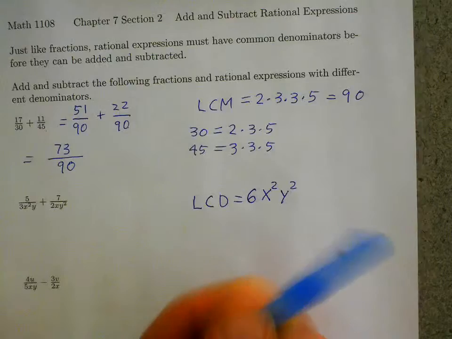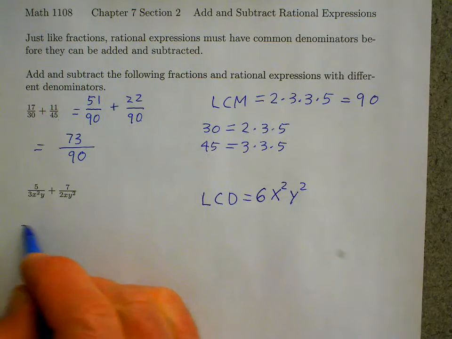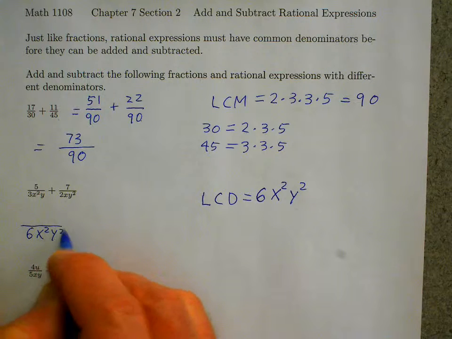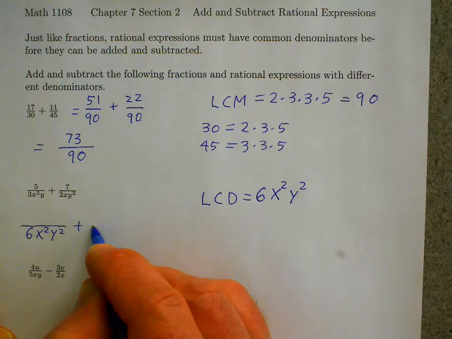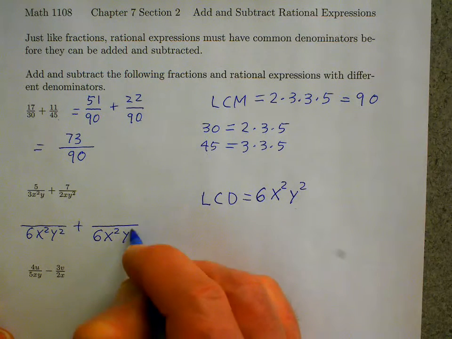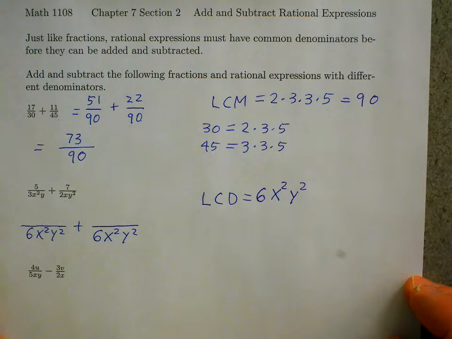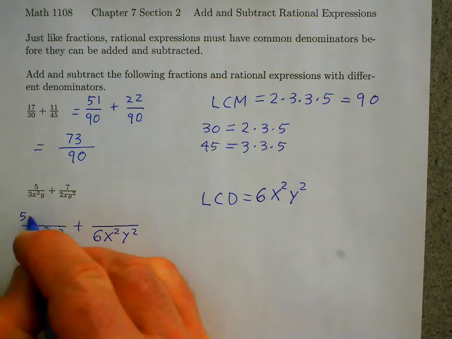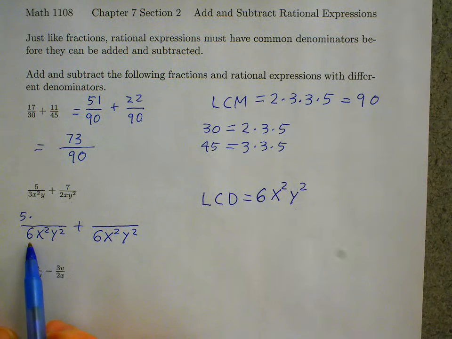Okay, so we have to make proper adjustments. We'll write down the sum of two fractions, each with the denominator of 6x squared y squared. This numerator is 5, and so we have to identify what we need to multiply by 5 that corresponds with this denominator, 6x squared y squared.